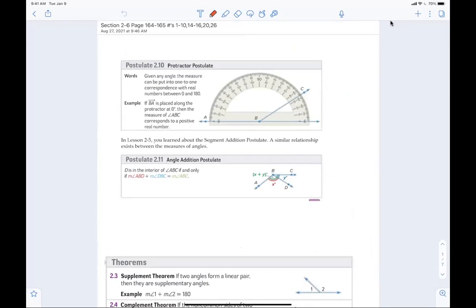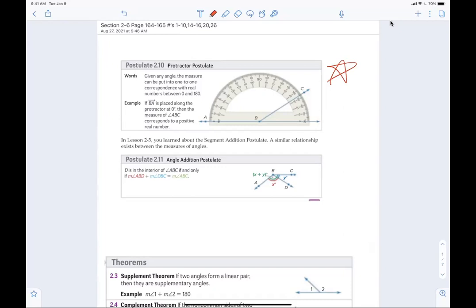I'm not sure really there's anything to that other than that every degree angle from 0 to 180 is on the protractor. I don't think in any single proof we write the protractor postulate. But they're just saying that, to me, is just common sense.